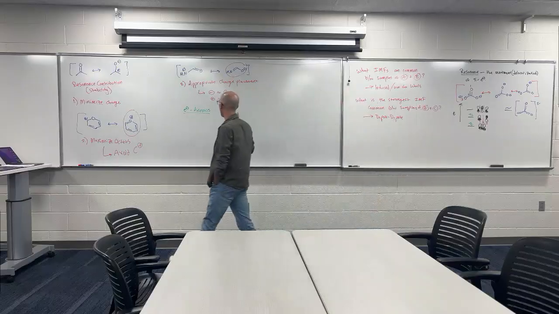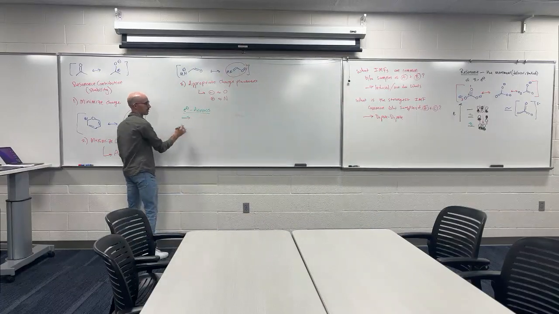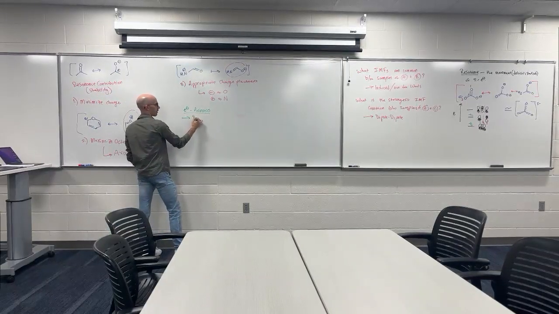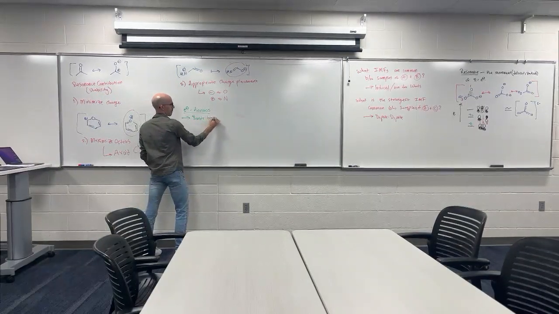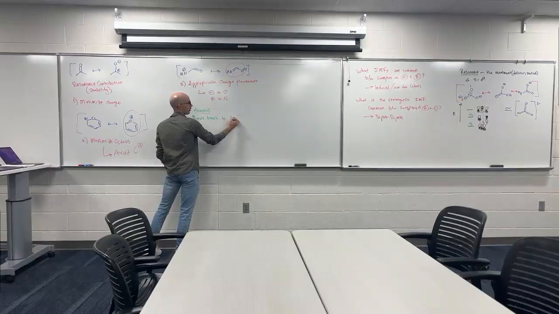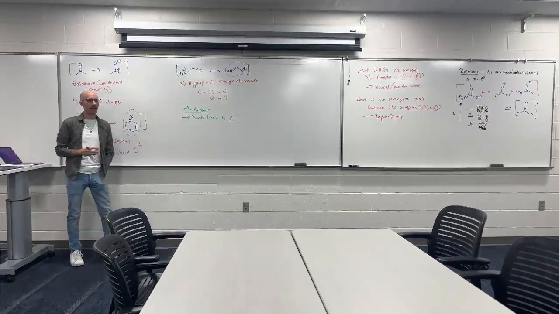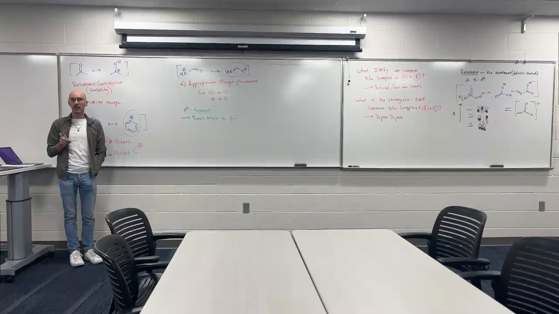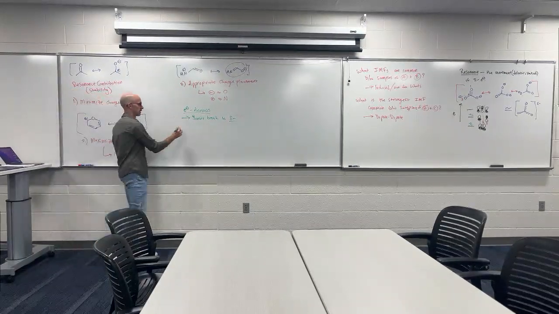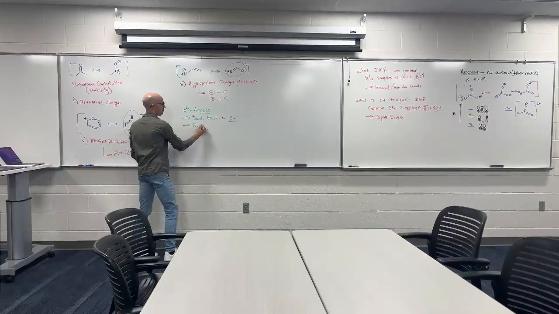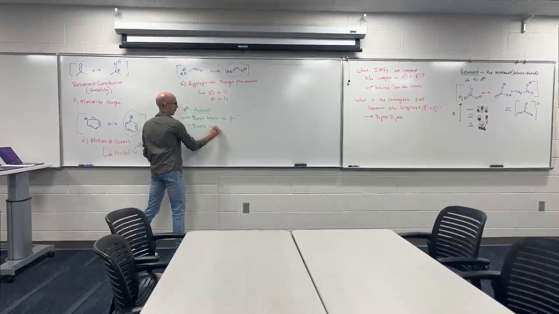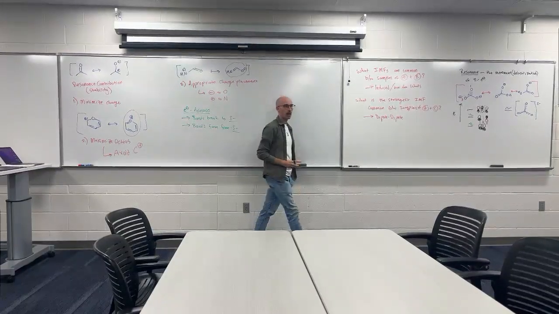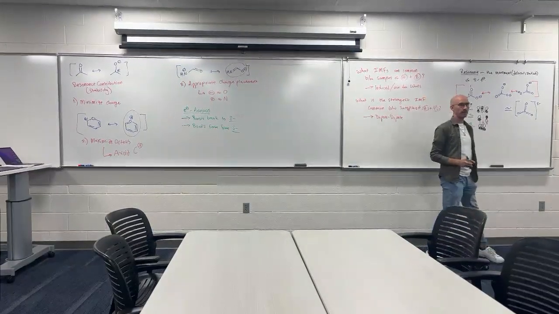But here's the best rationale that I can give you. When bonds break, they break to the partial negative atom. That atom keeps the electrons. And when bonds form, they form from the partial negative atom.